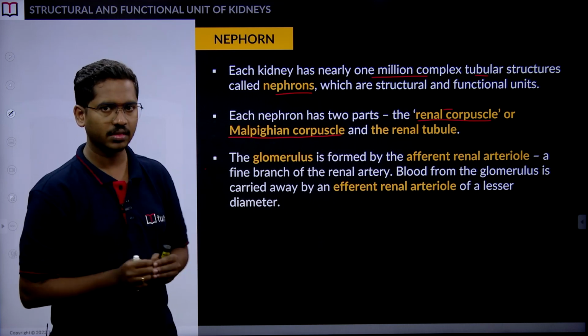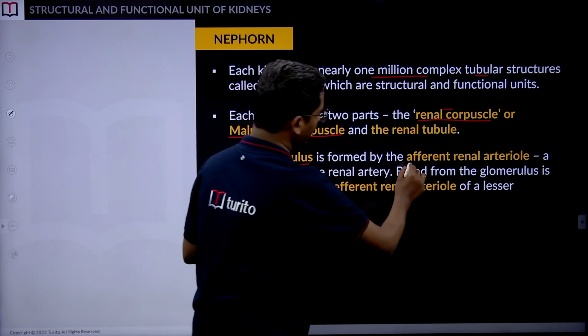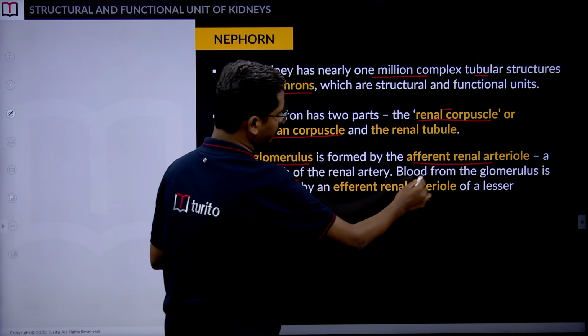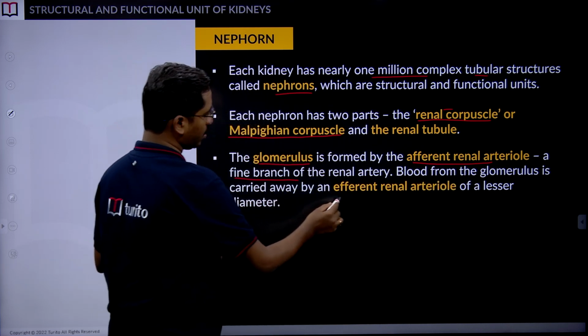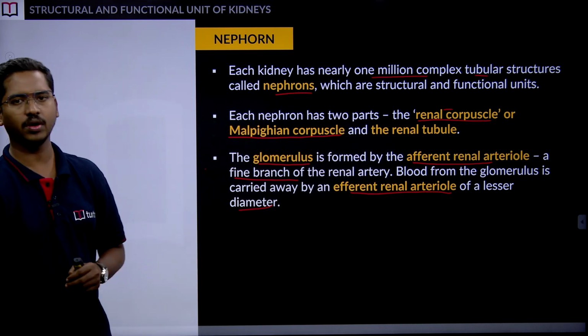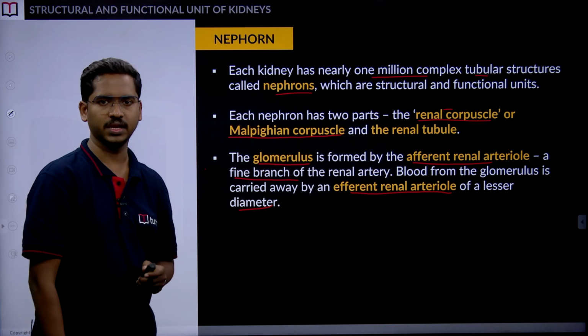That network inside the Bowman's capsule is known as the glomerulus, formed by the afferent renal arteriole, a fine branch of the renal artery, and blood from the glomerulus is carried away by an efferent renal arteriole of a lesser diameter. This is how it is arranged inside it. That is the structure we need.